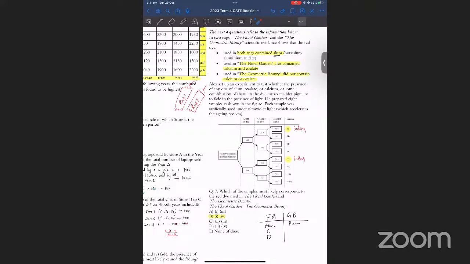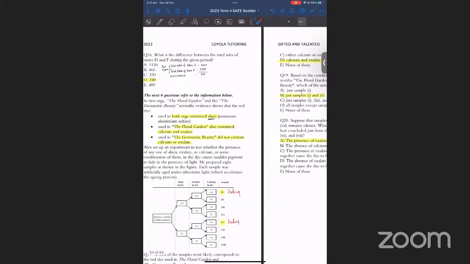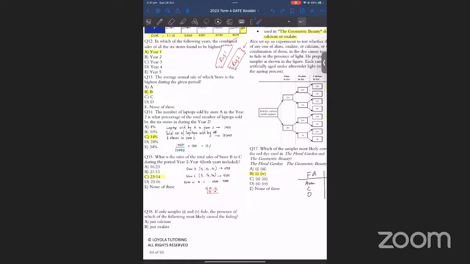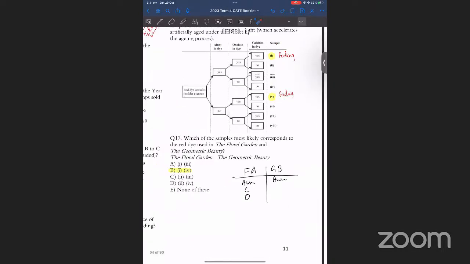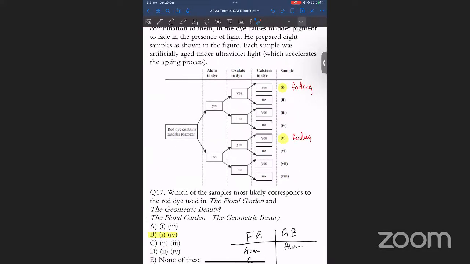All right, next question, question number 18. If only samples I and V fade, the presence of which of the following most likely causes fading? So only I and V faded. Now, what do they both have in common?